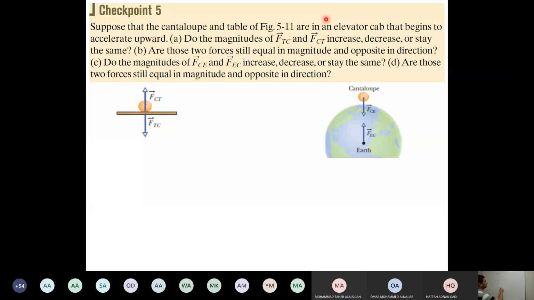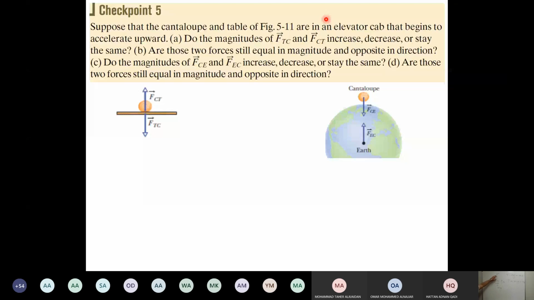When it goes upward, we say T minus mg, because T is to the positive y and g is to the negative y. So T minus mg is equal to ma, and this is the acceleration of the cab going upward, right? So the tension is mg plus ma. That is what we were discussing with the tensions.